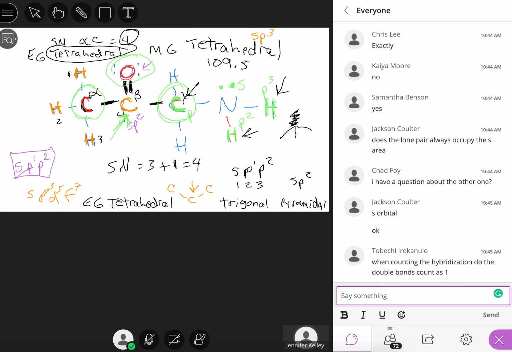And so as you go around it, you'd say I have 3 things. Let me pick a color you can see. I have 3 things bonded to it, and no lone pairs. So that would be 3 things. That would be S, P1, P2. SP2 would be the answer for that one. Does that make sense?